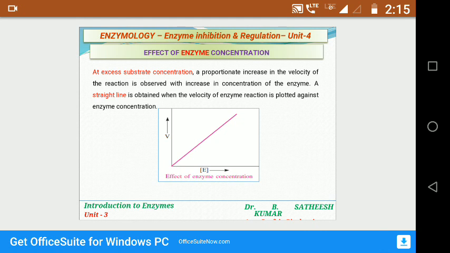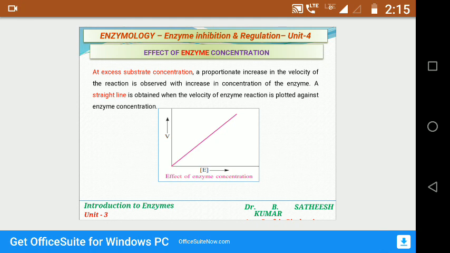The enzyme concentration is constant, but we are changing the substrate concentration. But in this second case, the substrate is not at all limiting. So that means we are using an excessive amount of substrate. The substrate supply is almost several-fold excess over the required levels.